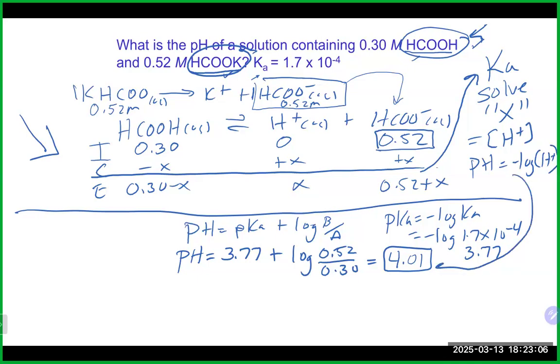So again, it's your option, whichever way you prefer. If you can recognize it as really a buffer or common ion type situation, perhaps the Henderson-Hasselbalch would create fewer chances for error. But if you're confident in what you're doing, you could definitely do the ice table in any situation. Kind of like we talked about, you could always do the quadratic in any situation, right? If you don't want to do the assumption either, you could always roll with that as well.